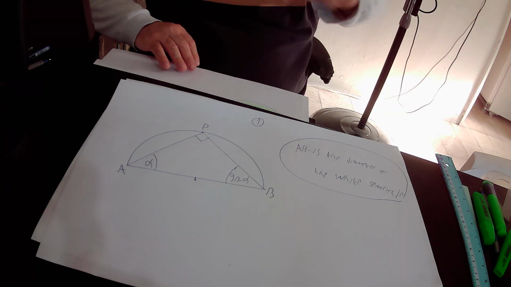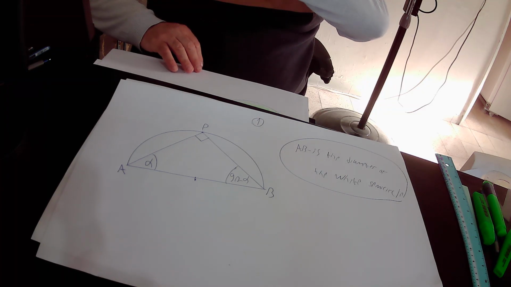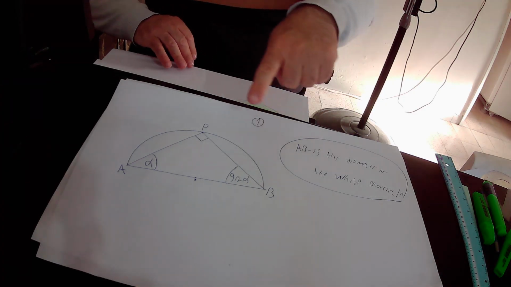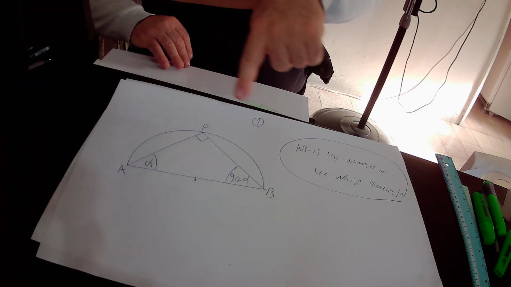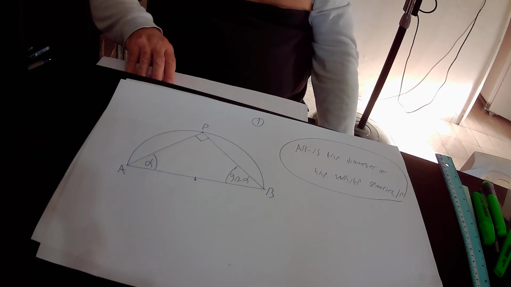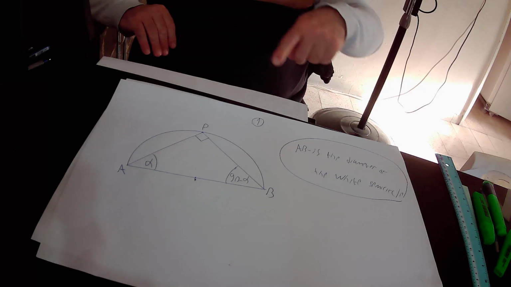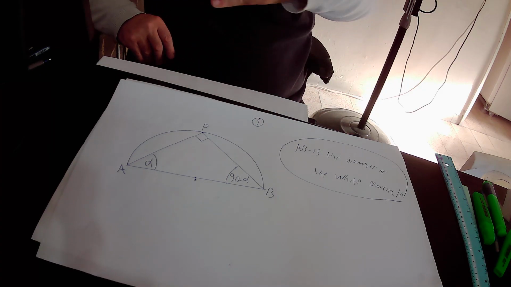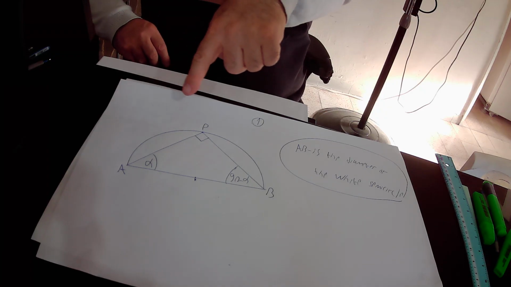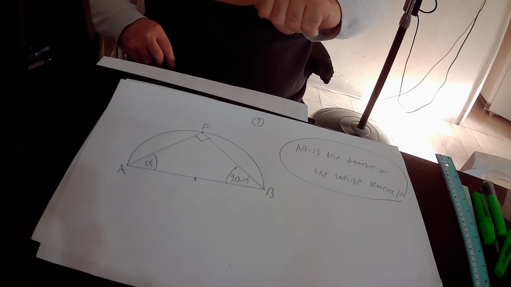AB is of course the diameter of this semicircle. By joining points P and B together by a straight line, we get the peripheral angle APB. Peripheral angle APB is subtended on AB, that is the diameter of the semicircle, and therefore, according to the rule, peripheral angle APB must be equal to 90 degrees in its size.